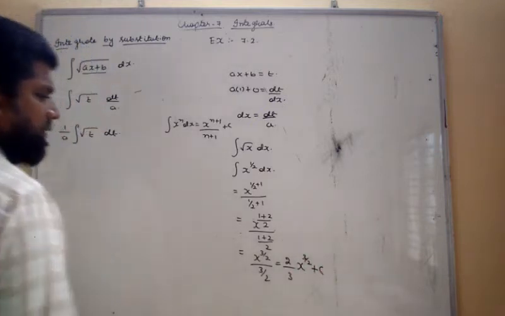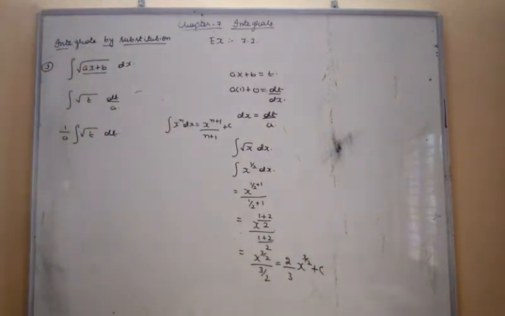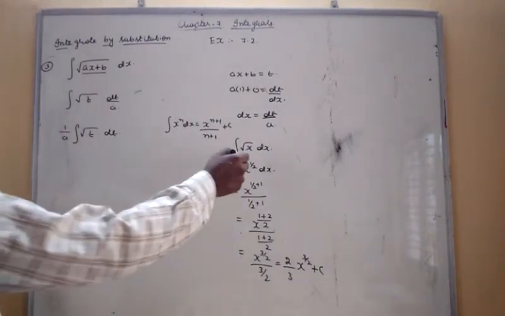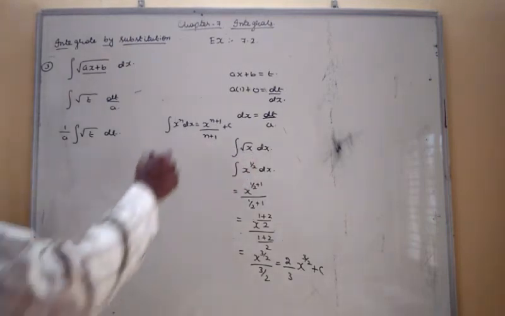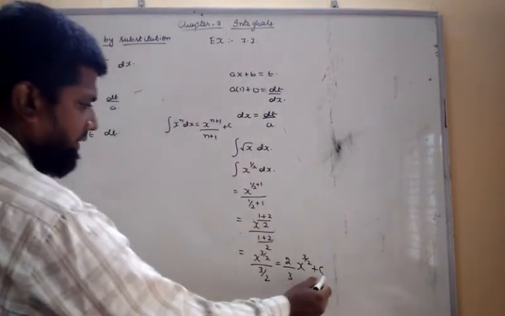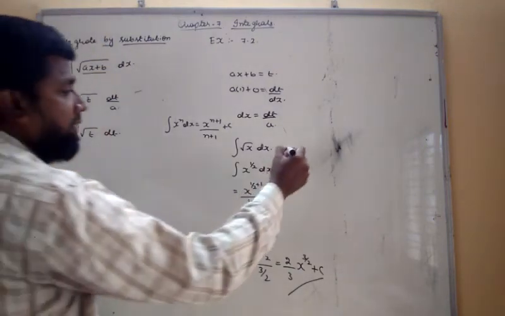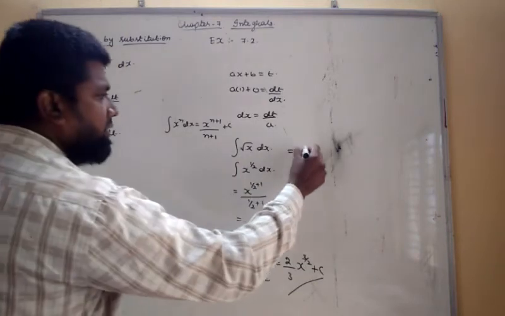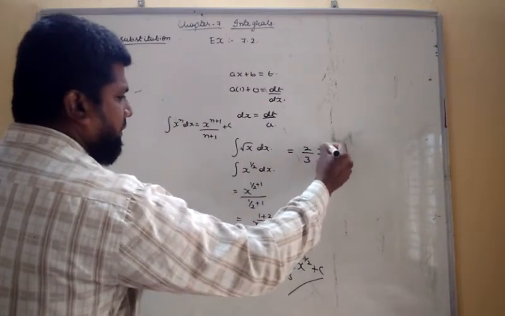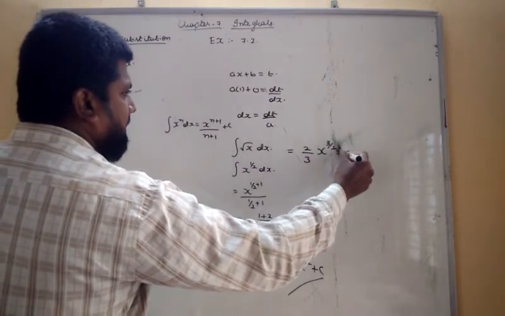So this is the formula for the root x integration. If you don't know root x integration directly, you can go through the exponential form. If you remember the integration of root x, that is 2 by 3 x to the power of 3 by 2 plus c, we can apply directly.